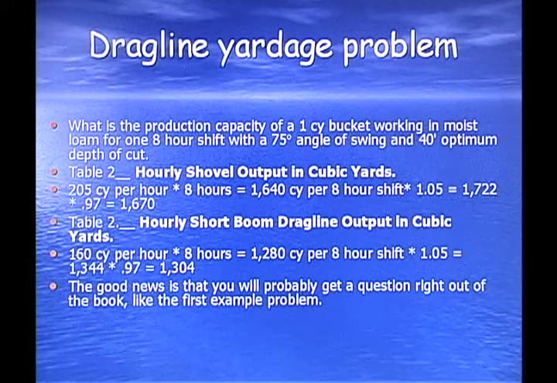The good news is that on the exam they'll probably give you a problem right out of the chart, that they won't require you to calculate an angle of swing of 75 or something other than 90.